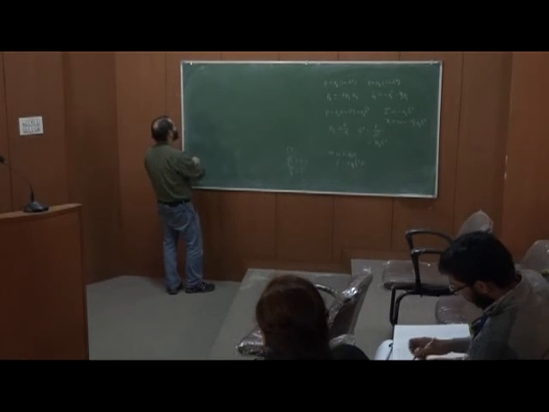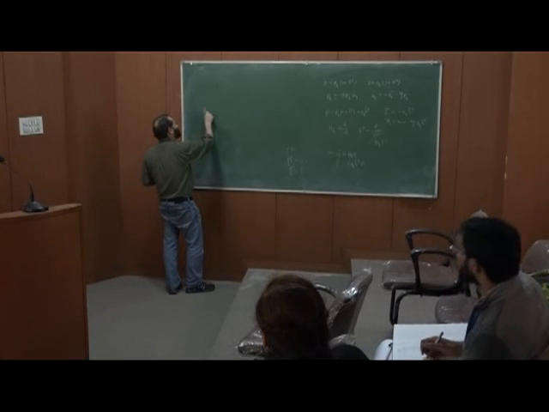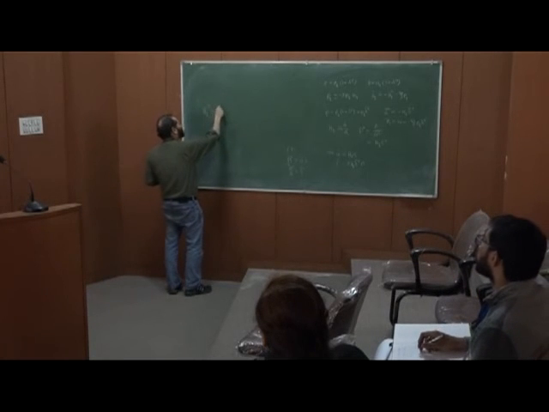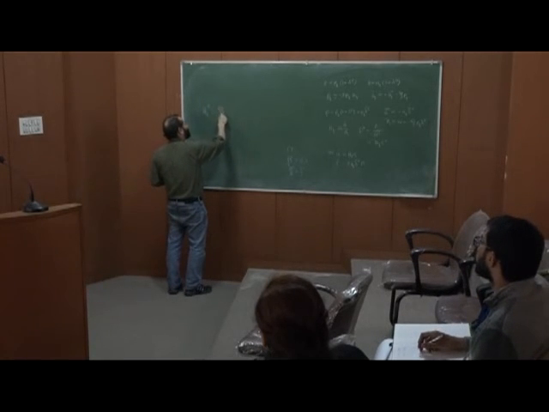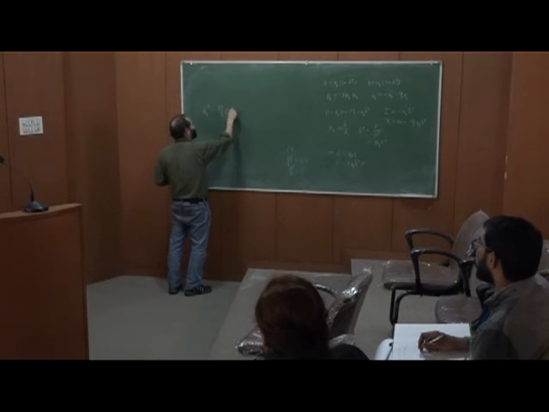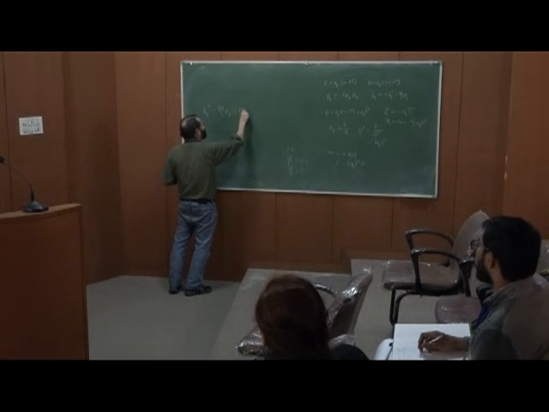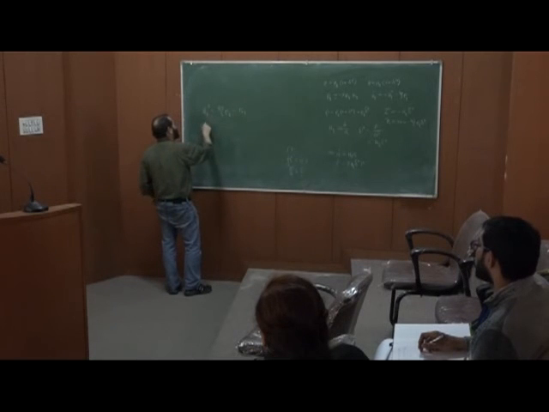Remember that we have this HQ squared equals 8 pi rho Q minus. We also have this thing.